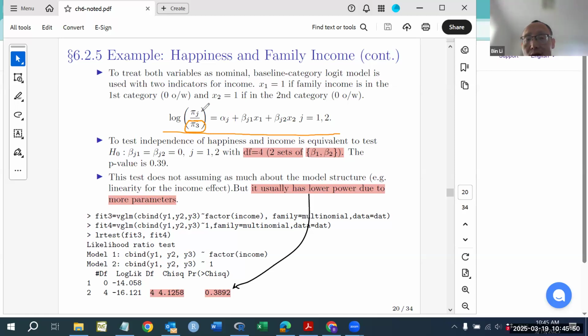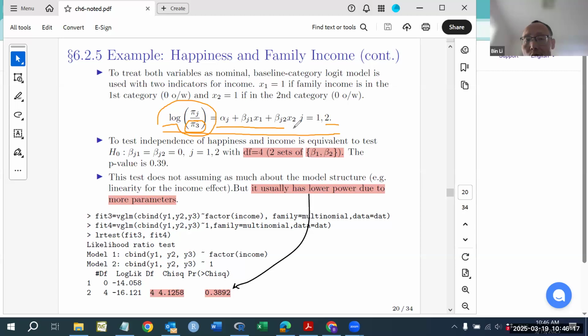If J is 1, that means the log odds of not too happy over very happy. If J is 2, that's the logit for pretty happy and very happy. So we have these 2 models.